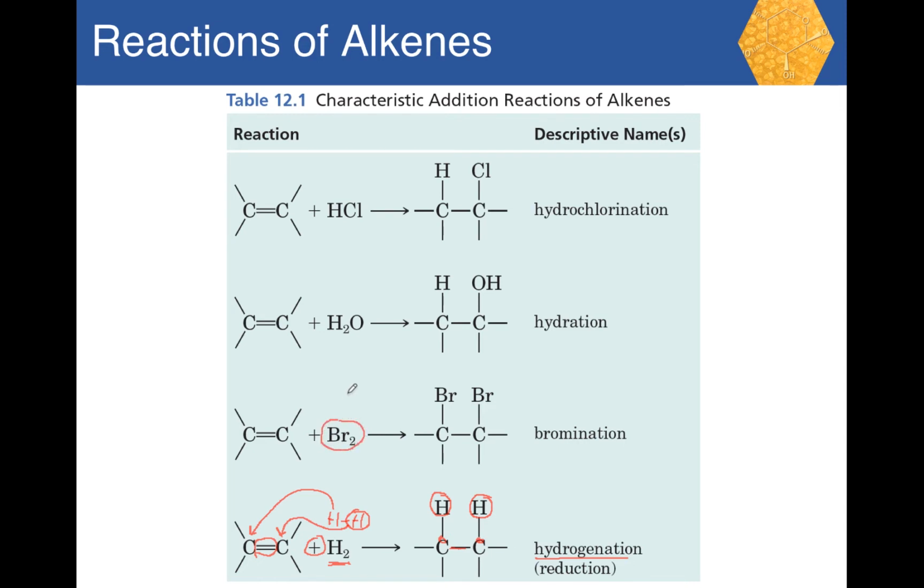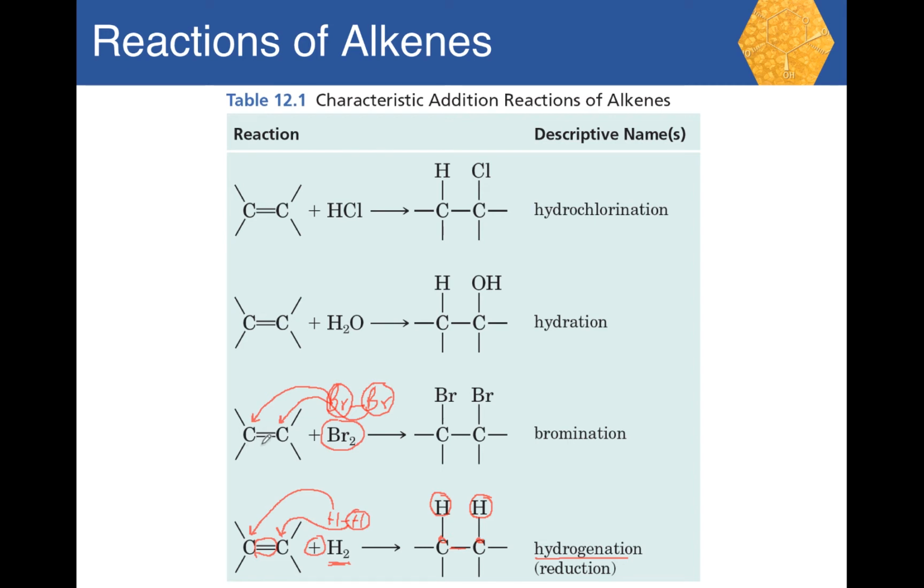So here's bromine, and of course, as you know, bromine is Br2, two bromine atoms that are bonded together to form molecular bromine. As you can imagine, one bromine atom will add to one atom of the double bond, and the other bromine atom will add to the other atom of the double bond.